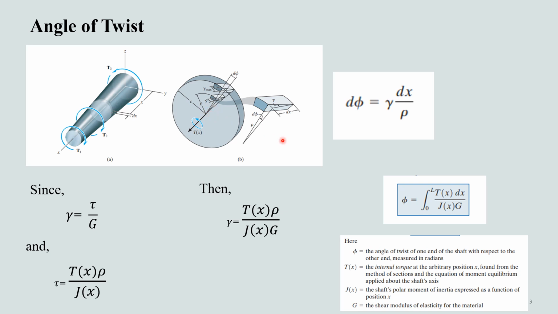This change in angle causes a shear strain, since shear strain is the change in angle over the original angle. The value of gamma and d phi are related by this equation, as I discussed in the previous lecture.